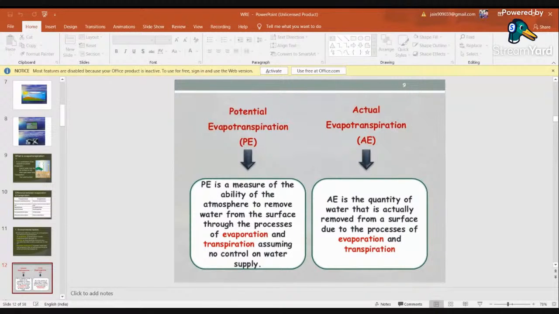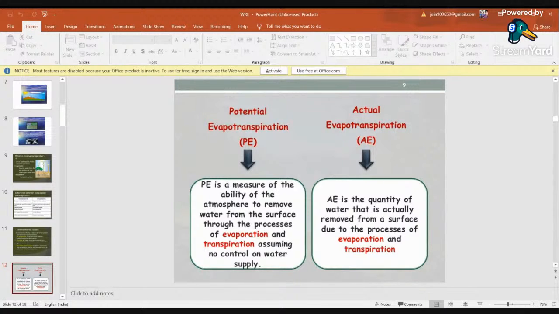And actual evapotranspiration is the quantity of water that is actually removed from the surface due to evaporation and transpiration. Means potential evapotranspiration is the quantity of water removed from the surface through evaporation and transpiration. Here there is no control of water supply, means whatever inflow is there, there is no relation of inflow to the outflow.